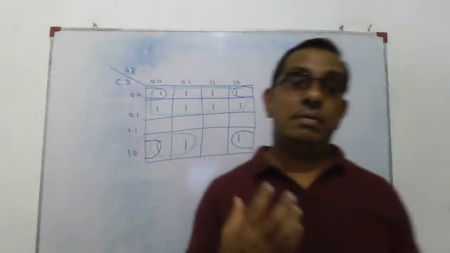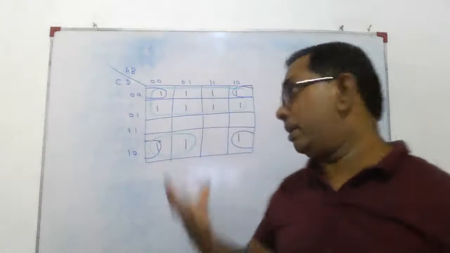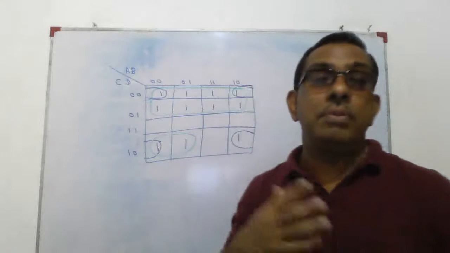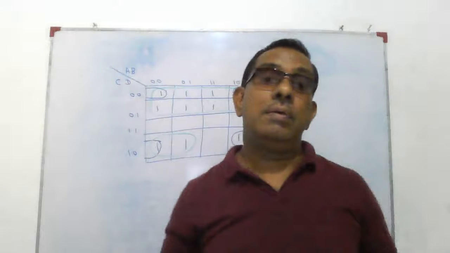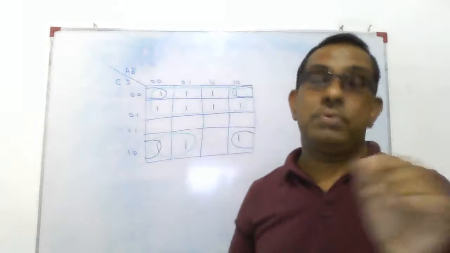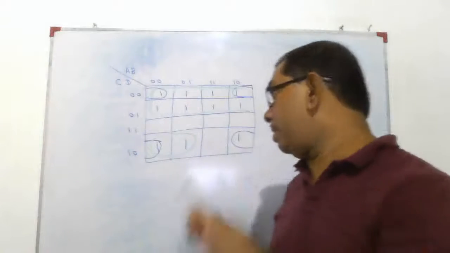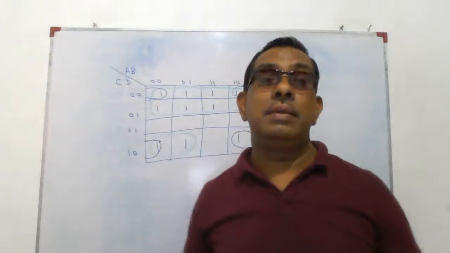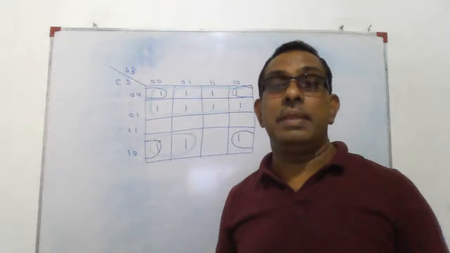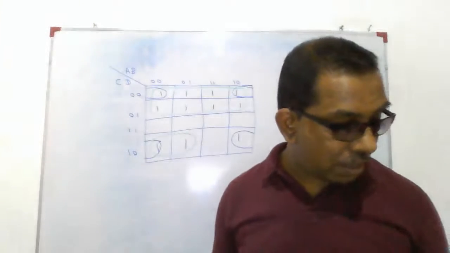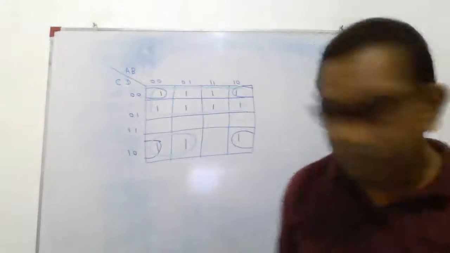My aim is to introduce something like this, so then you can write the Boolean expression, then group and simplify it. That makes it easier. I would like to show you another example with a 4 variable K-map.